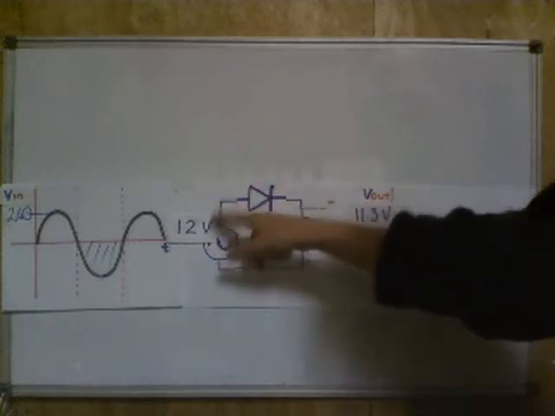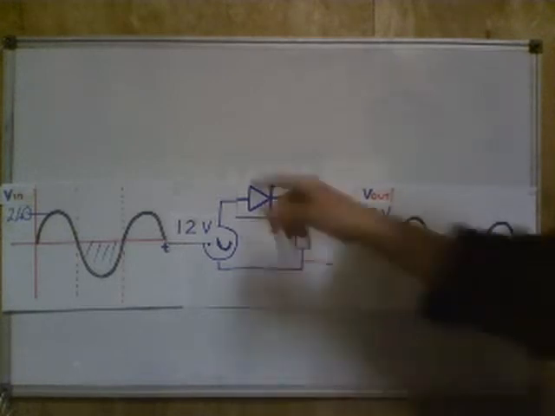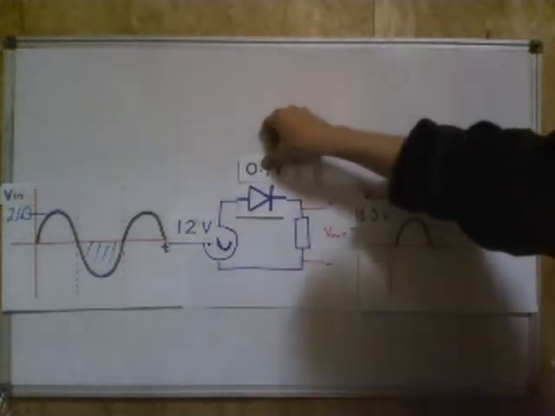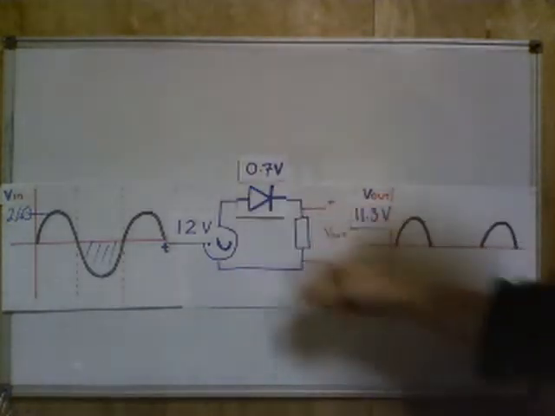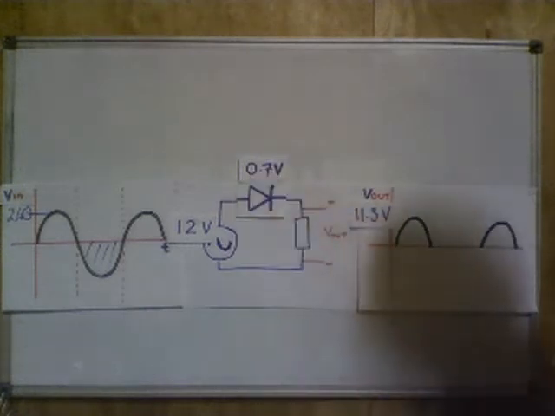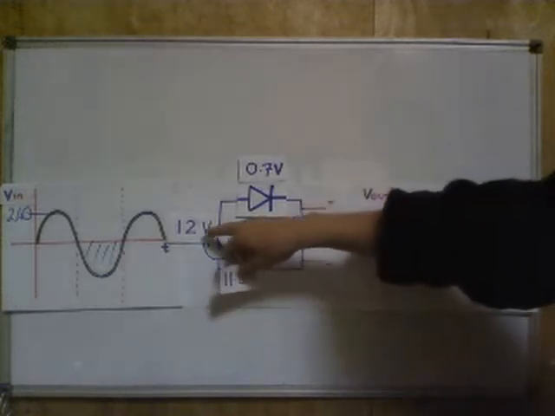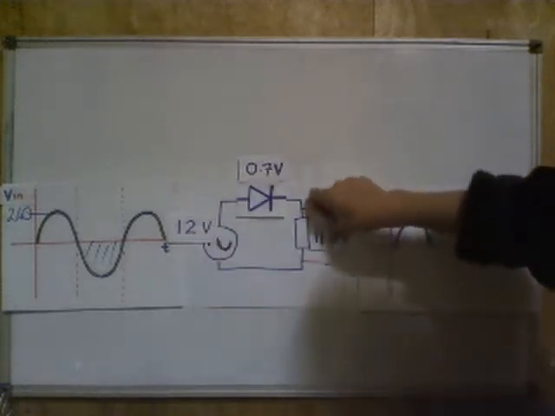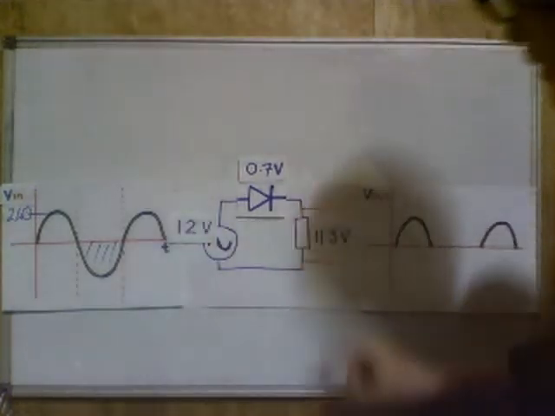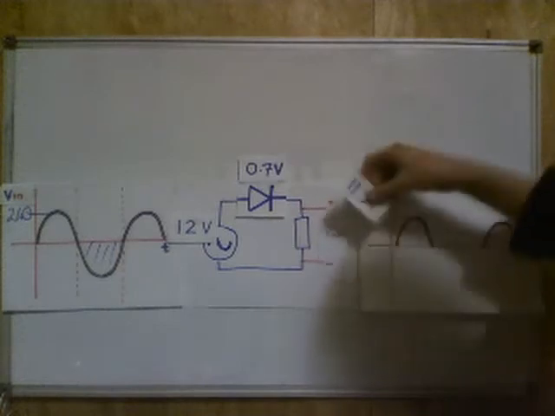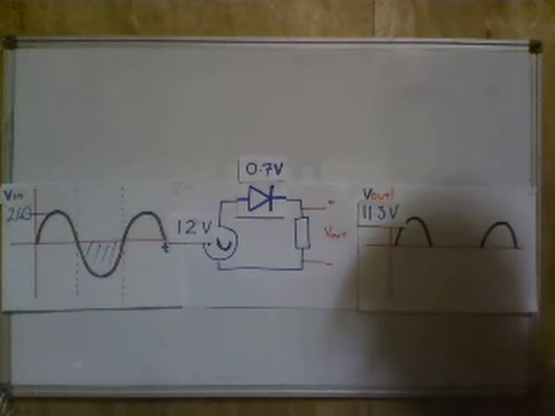We're going to have a forward biased diode, and most diodes, when they're forward biased, will have a voltage drop across them of 0.7 volts. As the current flows through in the forward direction, there is always a voltage drop of 0.7 volts across that diode, which will mean that we have 12 minus 0.7 equals 11.3 volts at the output. So when we have the maximum of 12 volts at the input, we only end up with 11.3 volts at the output. So that's why that's the peak voltage observed here.